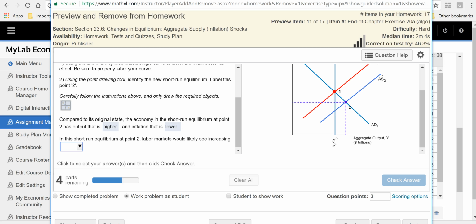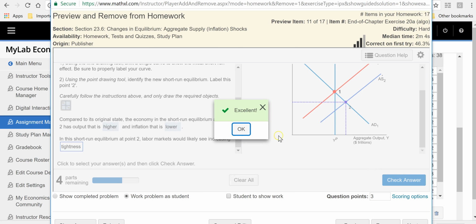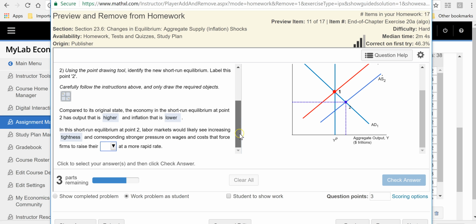So if some firms need to hire more workers, they will find it increasingly hard to do so. And if they want to keep their current workers, they might also have to increase the wage, right? So that means the labor markets will see increasing tightness. That's called tightness. So check answer, and let's go on.